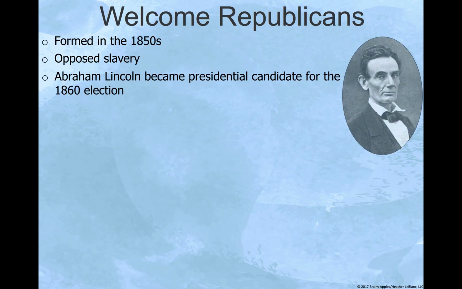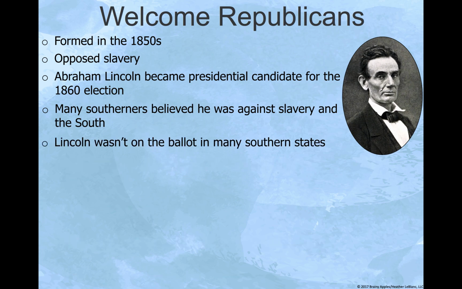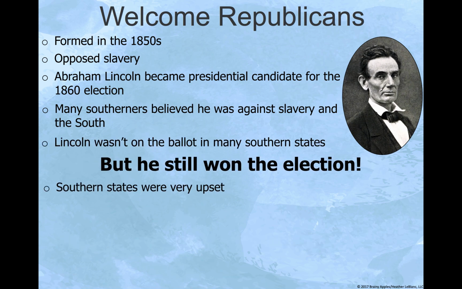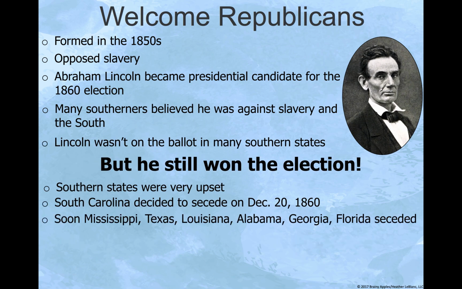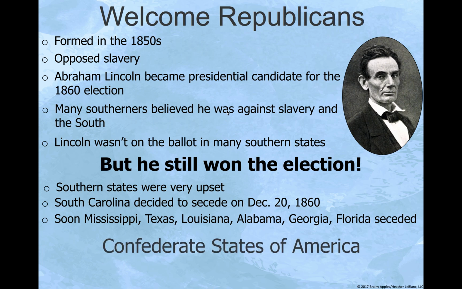Welcome Republicans. So the Republican is a party that still exists today. I'm sure you're all aware that we have Democrats and Republicans, the biggest two political parties. And this political party was formed in the 1850s. And at the time, they opposed slavery.